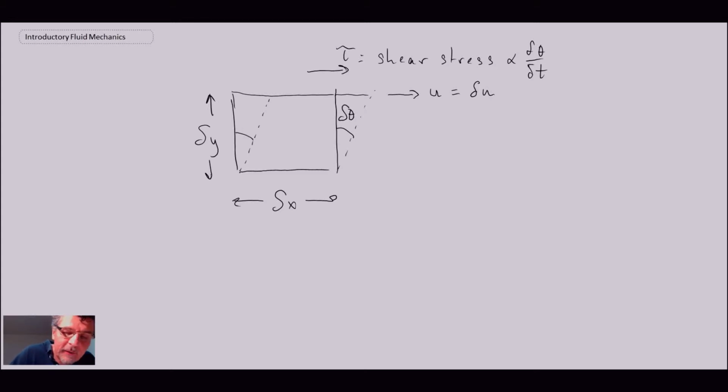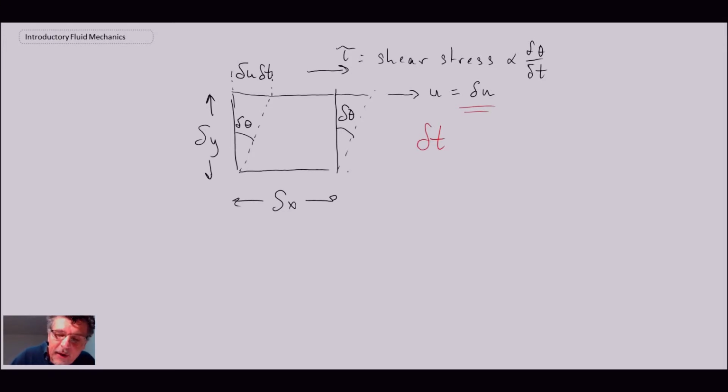Over here we will have a delta theta as well, so the delta thetas are the same. If the fluid element is moving at a speed of delta u over a period of time delta t, this distance of deformation is going to be delta u multiplied by delta t.